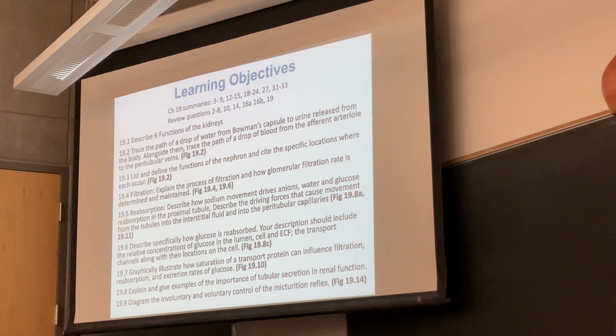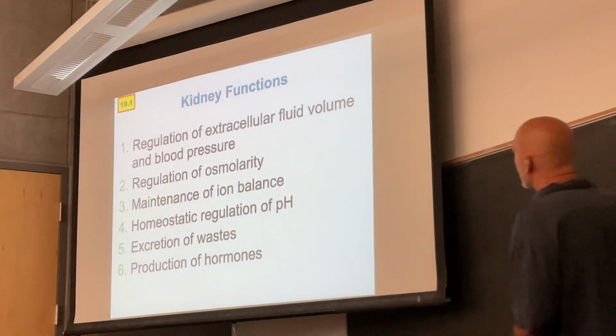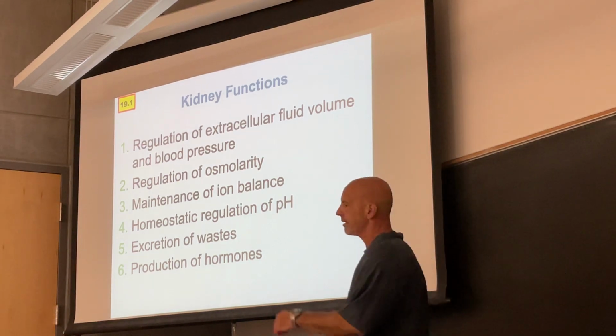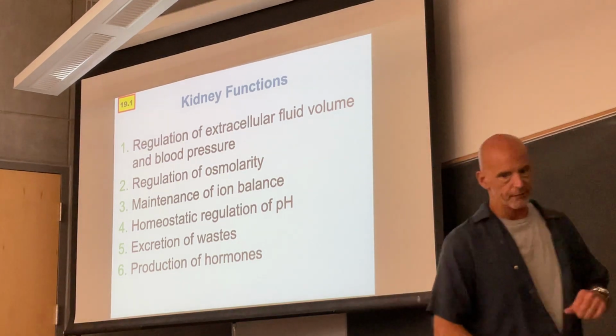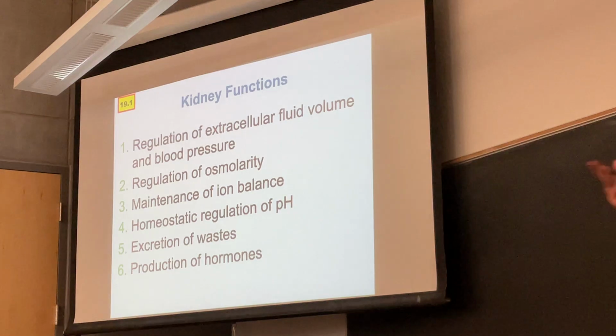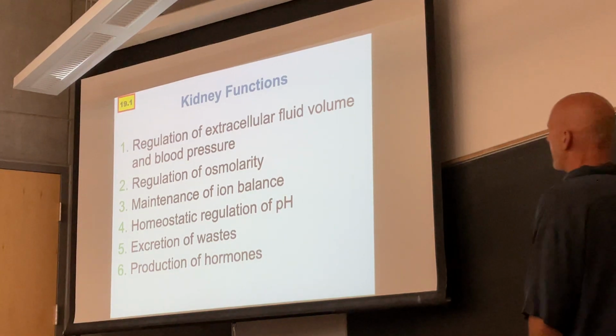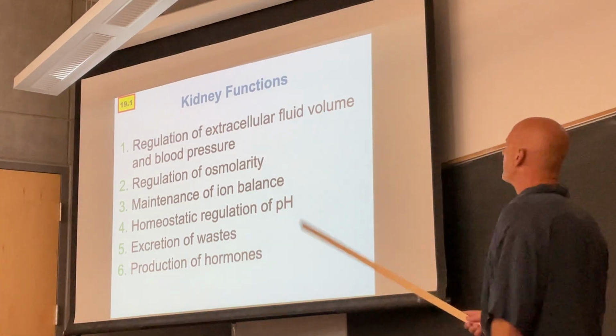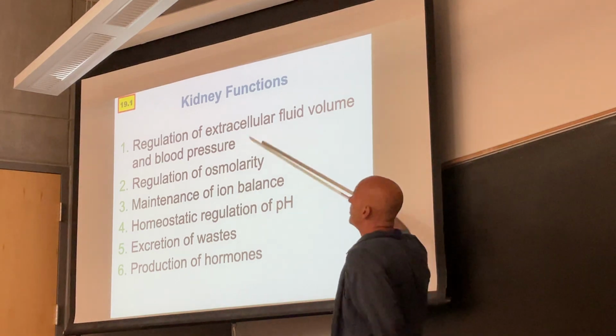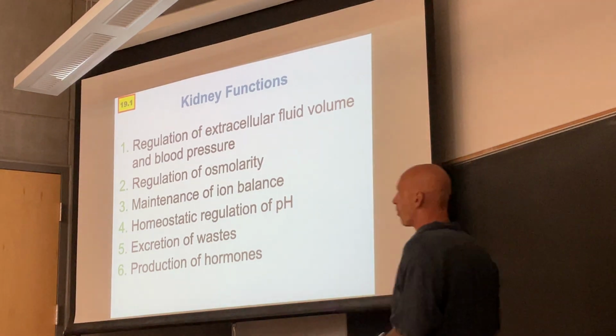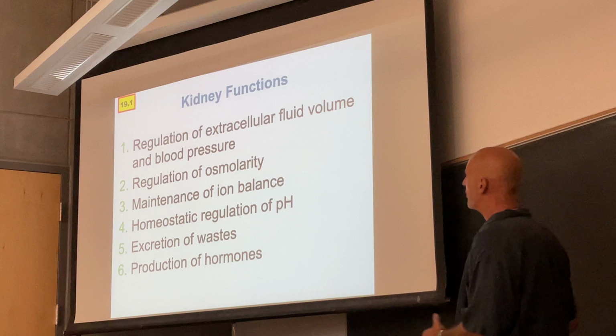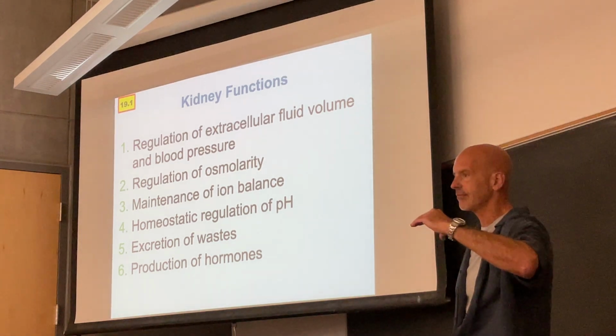So, first off, just basic properties. Mostly when you think of kidney function, you're thinking of waste removal, getting rid of urea that's floating around the body. But especially for physiology, the main functions here are about regulating your water balance, and that includes your extracellular fluid.